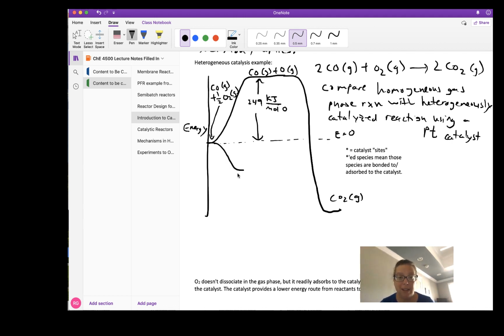So the first step in that, carbon monoxide and oxygen bind to the catalyst, and they do this favorably. I'm labeling this as CO star and O star, where the stars mean sites on the catalyst surface. You can think of this as a platinum catalyst.